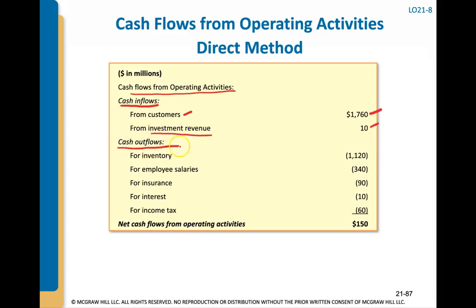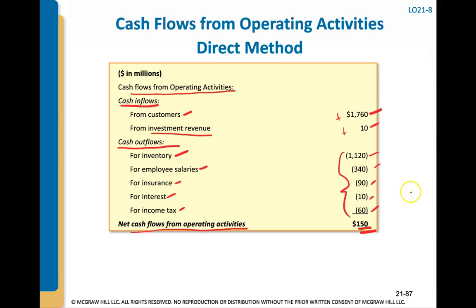And then we had these various cash outflows for inventory, salaries, insurance, interest, and income tax expense, for these different amounts that we just went through in this video. Then you just add all those up. So this is all plus, minus all my outflows. I have net cash flow from operating activities equal to $150. So that's how you do the operating activities using the direct method.